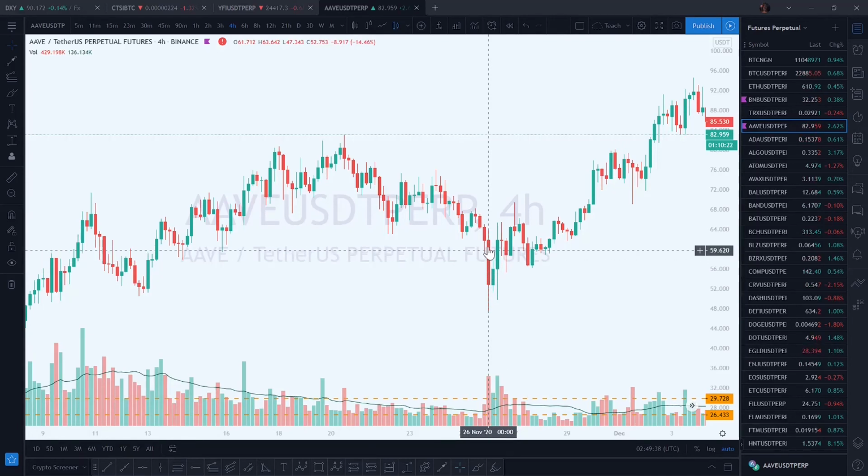We saw another way bigger body of the candle. So as this is increasing, this is also increasing. That shows that everything is perfect. And when this came, we have another above average buy volume, but the body was very small.